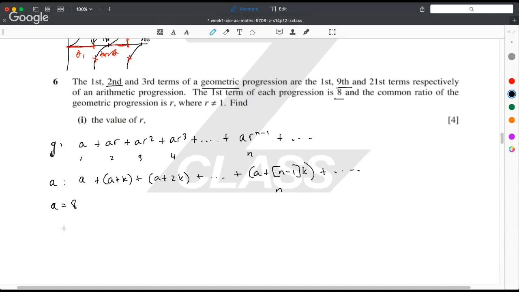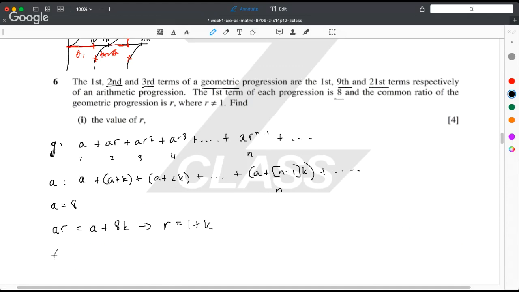So the second term of the geometric is ar, and that's equal to the 9th term of this. So that's going to be a plus 8k, okay? So I just plug in the value for a, and I get that r is equal to 1 plus k. And now the last piece of information they give us is that the third term is equal to the 21st term.